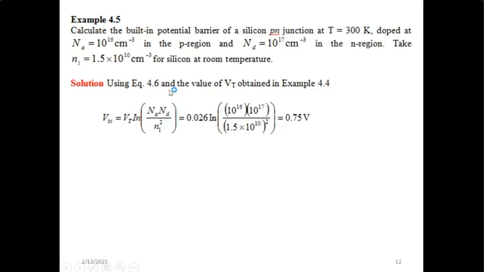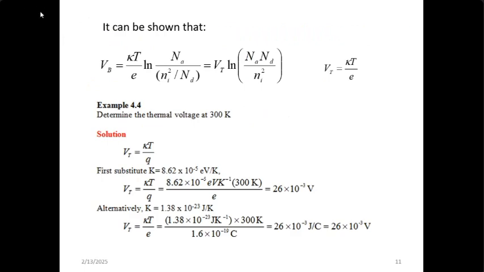Now, Ni is what we call the intrinsic carrier concentration, 1.5 times 10 raised to power 10 per centimeter cubed. And this is for silicon. If you have another material, the intrinsic concentration will be different.